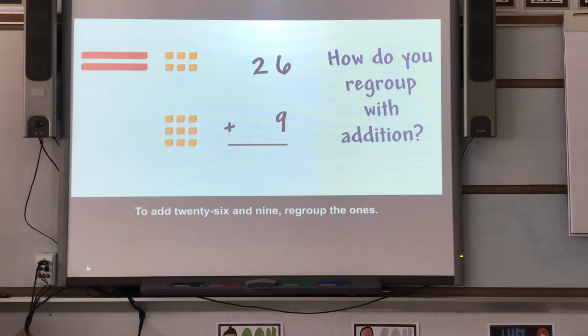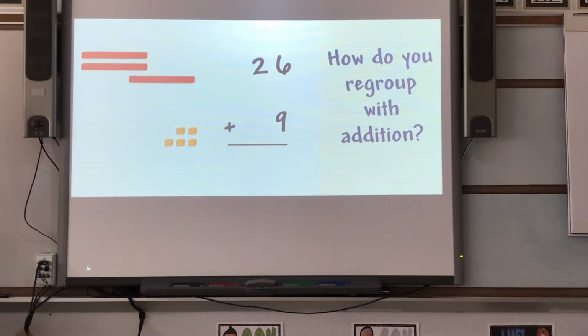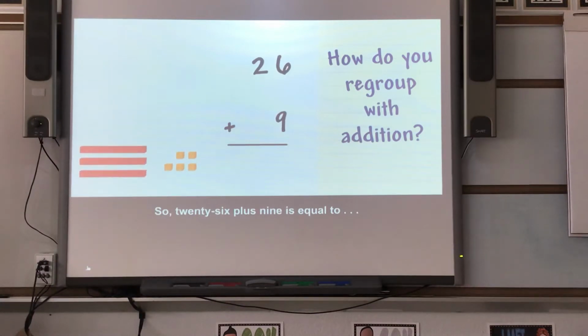To add 26 and 9, regroup the ones. Trade 10 ones for 1 ten rod. There are 5 ones and 3 tens. So 26 plus 9 is equal to 35.